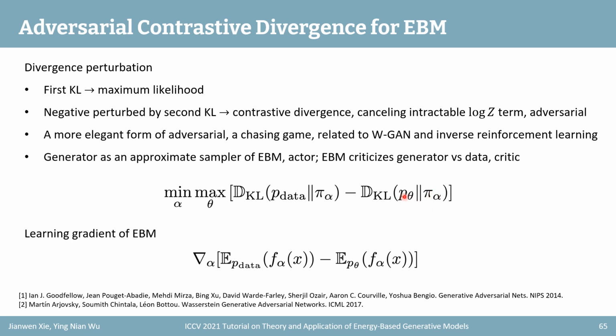It criticizes this P theta, the generator, against the data. Okay, so this is the adversarial interpretation, which has a very clear chasing interpretation. Okay, probably it is more clear than the original GAN objective function, especially in this very simple form of contrastive divergence. Again, this is in the form of contrastive divergence, except that the synthesized examples are generated by this generator network.